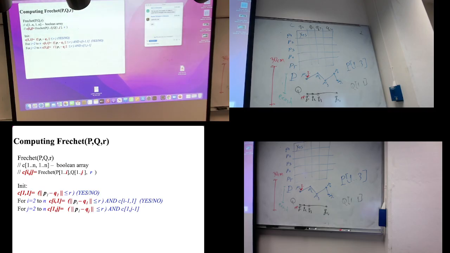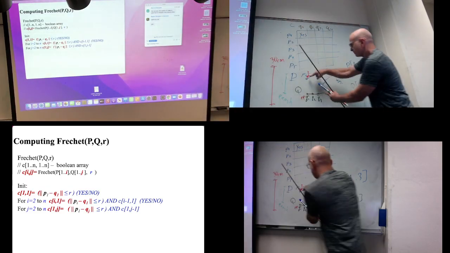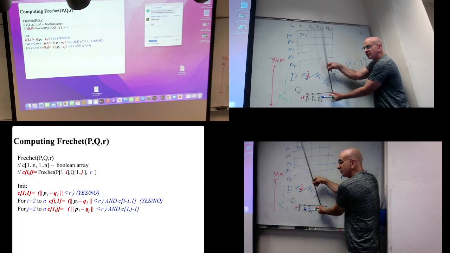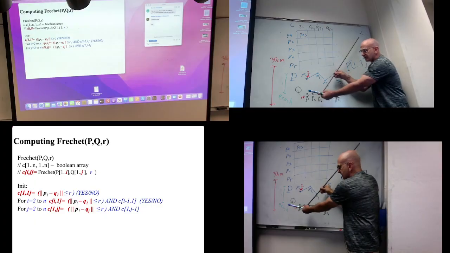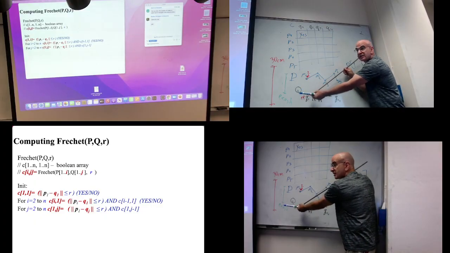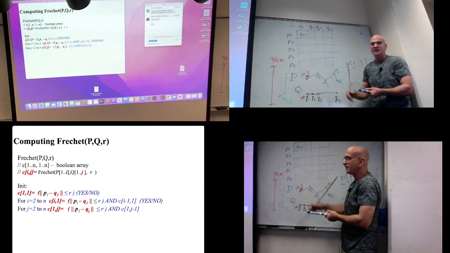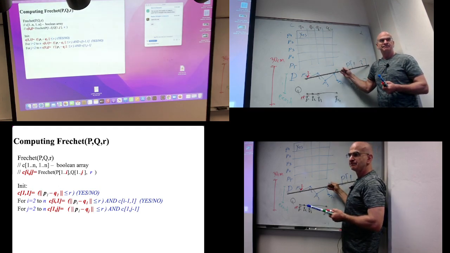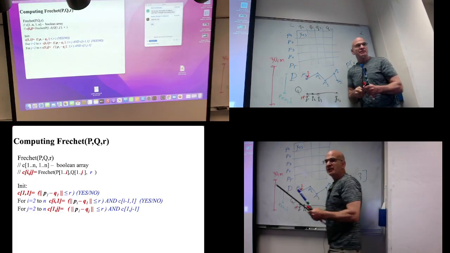For this instance, a really, really long leash. All of it will be yes. Everything will be yes. All the cells will be true, will be yes. Because no matter how they are progressing, I picked a really long leash, no matter what the schedule, there are not 2 points that are more than 30 centimeters. So in this case, it will be yes all over the place. All the cells will be yes.